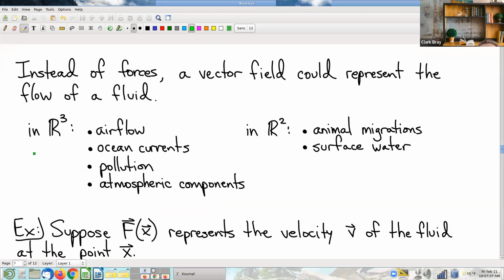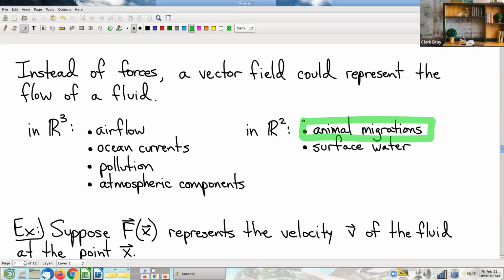There are some easy two-dimensional examples, animal migrations. You can imagine animals as being kind of like a fluid. If you have a billion locusts, they kind of call it a fluid. Some would say, well, yeah, but they aren't a fluid. And I would point out that even fluids are a bunch of particles, their atoms, molecules.